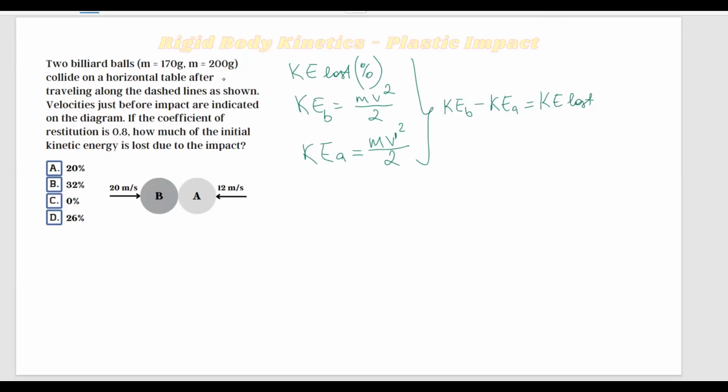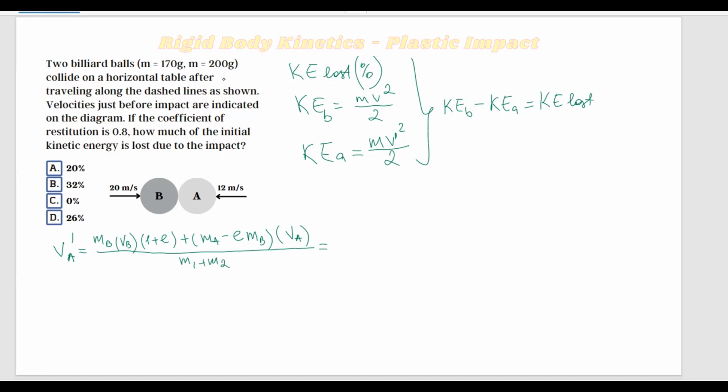Let's write the formulas down. I'm going to start with VA prime equals MB multiplied by VB multiplied by 1 plus E, plus, and the only thing I did from the FE handbook, where we have M1, V1, and V2, is substitute with A and B. So here you've got MA minus E MB multiplied by VA, and everything divided by M1 plus M2.